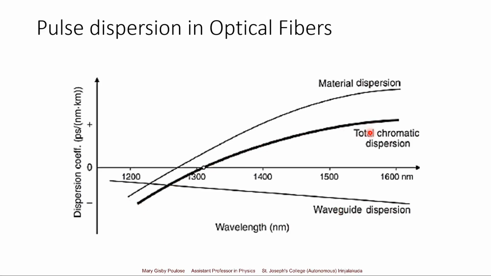From here we understand that the dispersion becomes 0 for the wavelength around 1300 nanometers. Hence, for communication, for light pulse propagation, we use light around this wavelength to propagate through glass optical fibers.